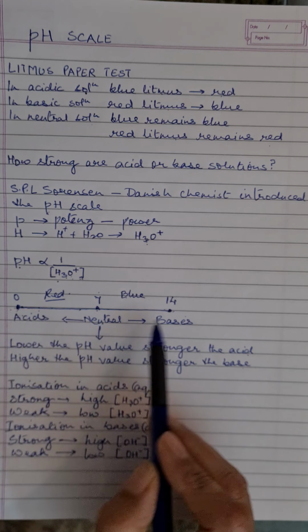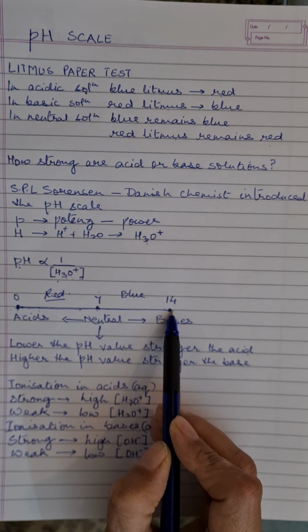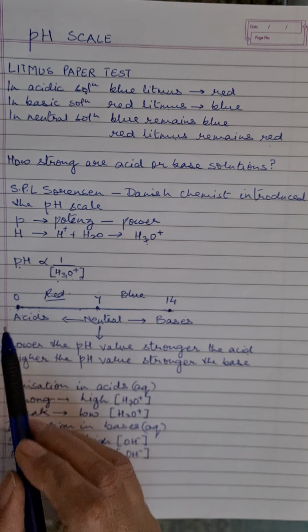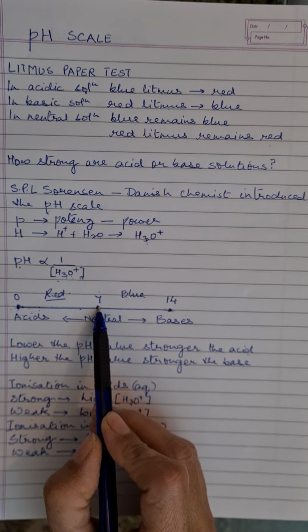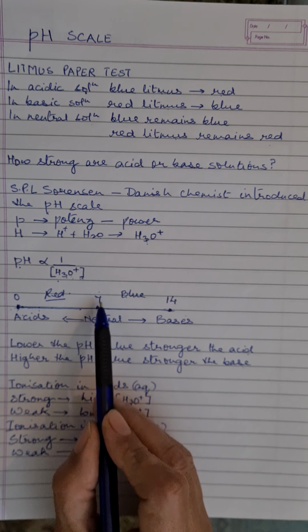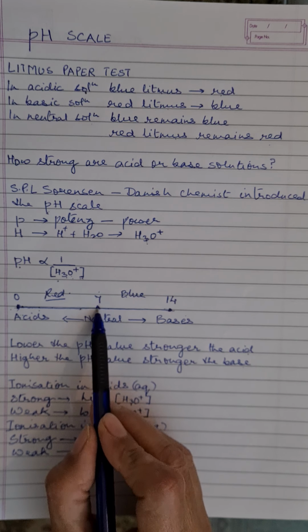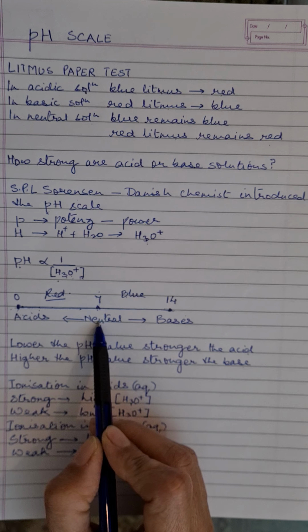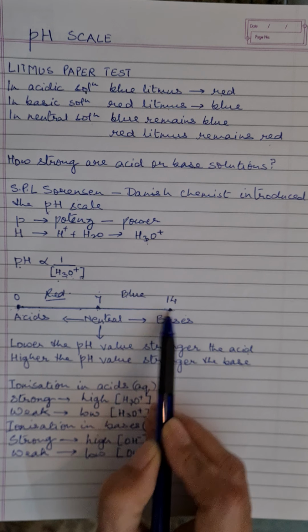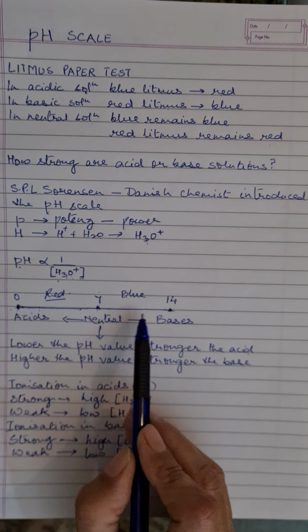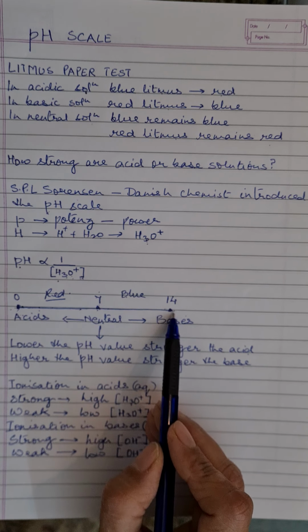Now the pH scale is represented on a scale ranging from 0 to 14, 7 being its midpoint, and the number 7 represents a neutral solution. Now, besides having numbers on it, this also shows various color changes.